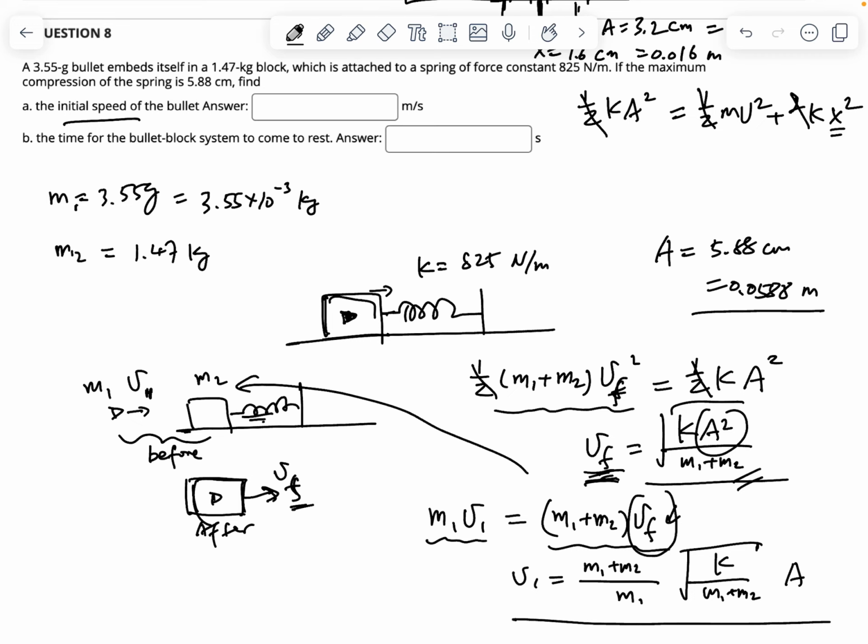Part B: the time for the bullet-block system to come to rest. Now you start from here. You compress the spring, and then you make the spring stop. Once the bullet and block start to move, they go here, compress the spring, and then go back, and then you have oscillation.